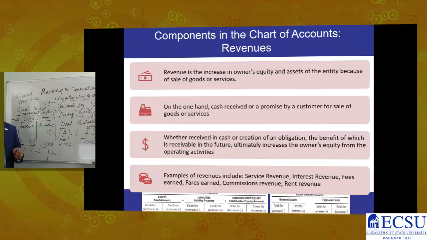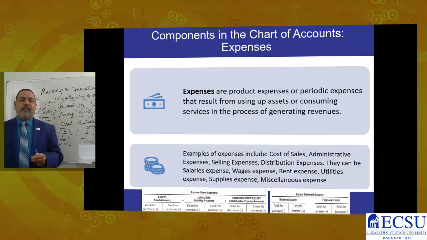Examples of revenue could be service revenue, interest revenue, that is the money that you have earned by investing or lending your money, fees earned by providing services, commission, if you're working on a commission, any amount of money that you receive would be commission revenue, and rent revenue. Those are the examples.